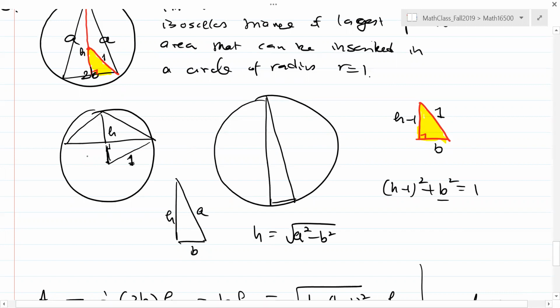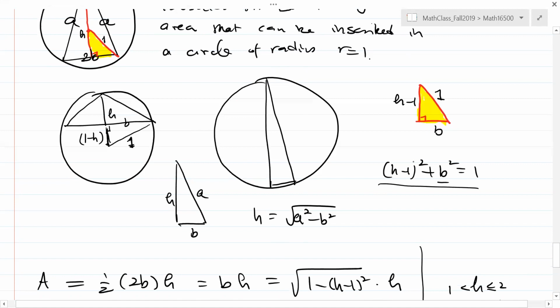This will be 1 minus h, okay? So this will be b. I think it's the same formula here. It's the same formula, okay? So the same formula, 1 minus h squared. So it doesn't matter whether h is greater than 0 or not, okay? So h could be between 0 and 2.